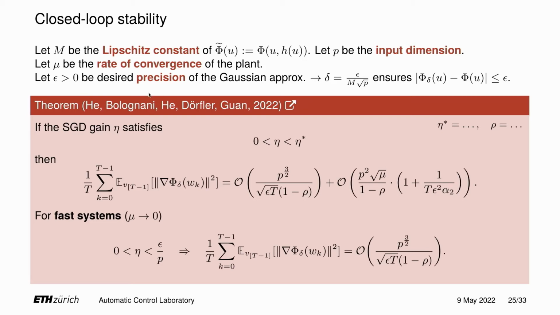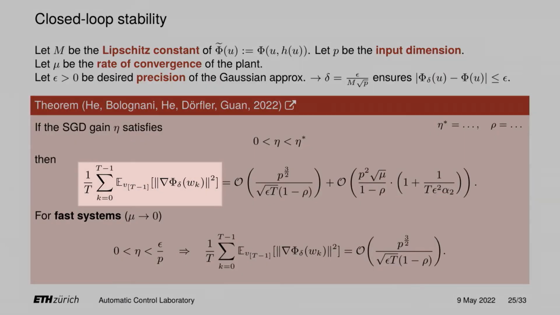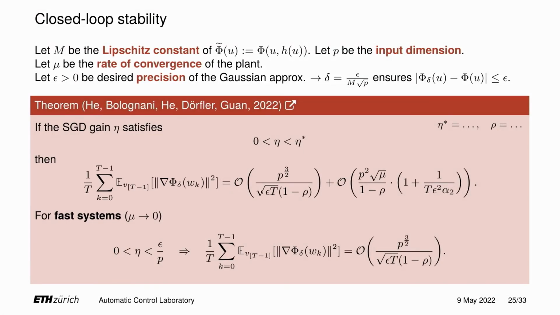Now, once you're given the rate of convergence and epsilon, then these results prescribe a maximum gain of the stochastic gradient descent that ensures that the regret, so the norm of the gradient of the cost function evaluated over a time window of size T that you can design, is of order of these parameters. And you can see, of course, this is going to 0 with increasing T.